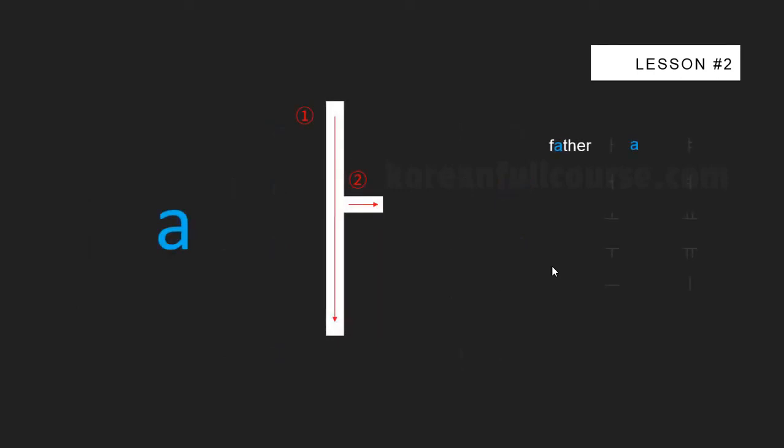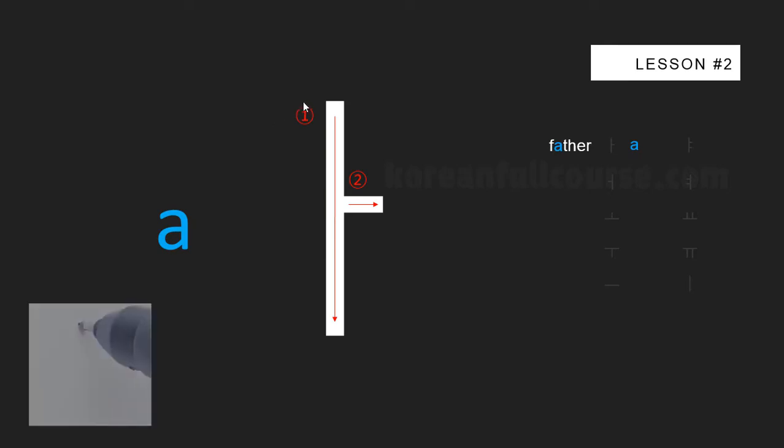Here's the first letter, A, and it represents a combination of two strokes. One vertical stroke, which you start drawing first, and the second stroke is a short horizontal one. As mentioned in the previous lesson, whenever you see a vertical stroke, you start drawing it from the top to bottom.